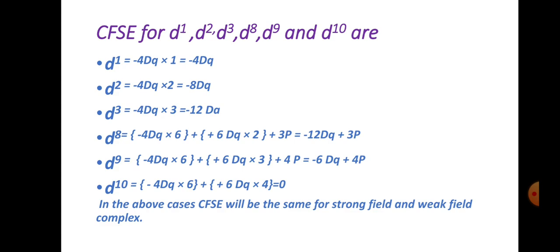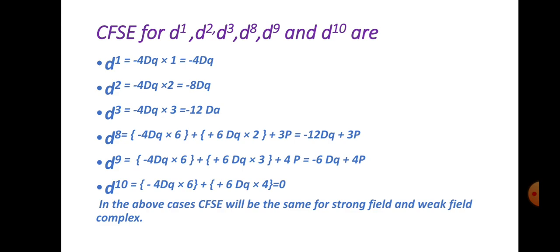For d9 system, we get minus 4 Dq into 6 plus 6 Dq into 3 plus 4 pairing, and finally we get minus 6 Dq plus 4 pairing. And the last, for d10 system, we get minus 4 Dq into 6 plus 6 Dq into 4, which is equal to 0.